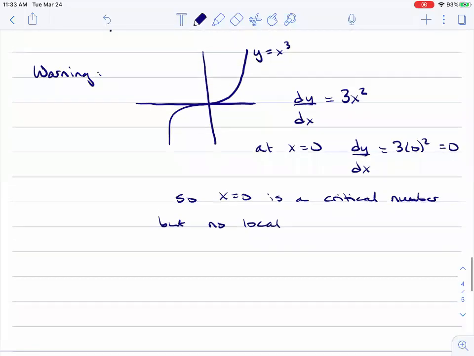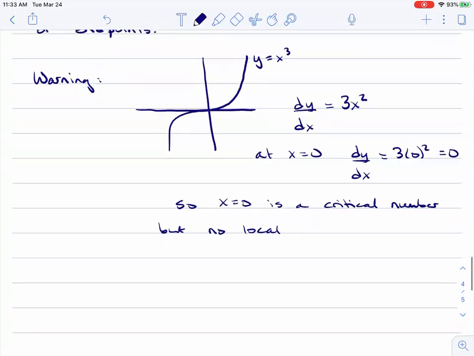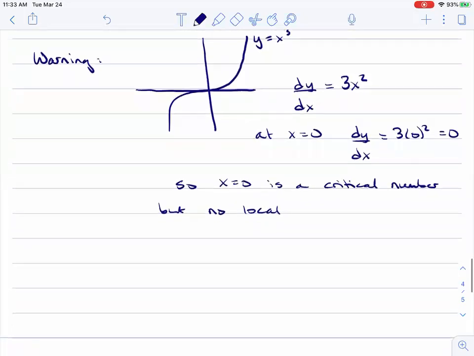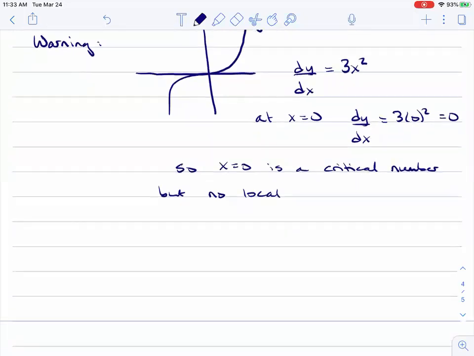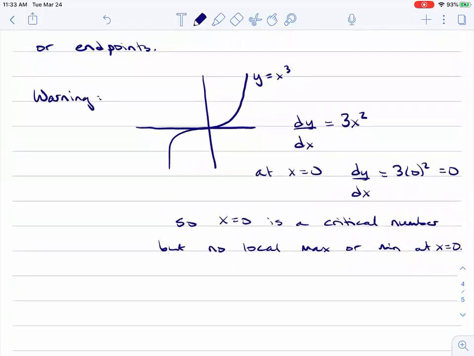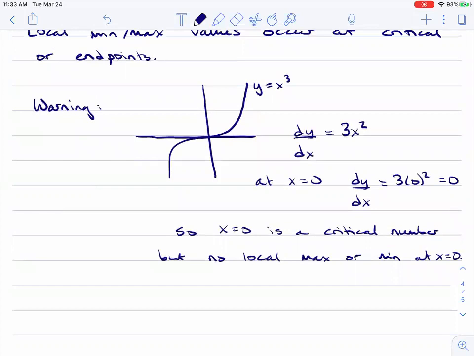It's just where it's crossing, just switching from concave to convex, can't remember. Anyways, there's no local max or min at x equals 0. So there are situations where x equals 0 is still a critical number, but it's not a maximum or a minimum.